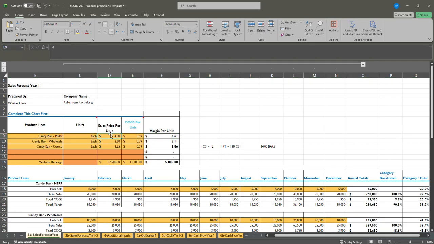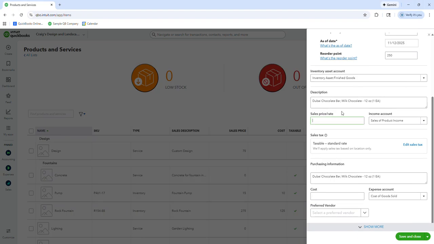It's about $4 per unit, and the costing is 39 cents per unit. So here, for a single bar, it's going to be $4, and the costing will be 39 cents.